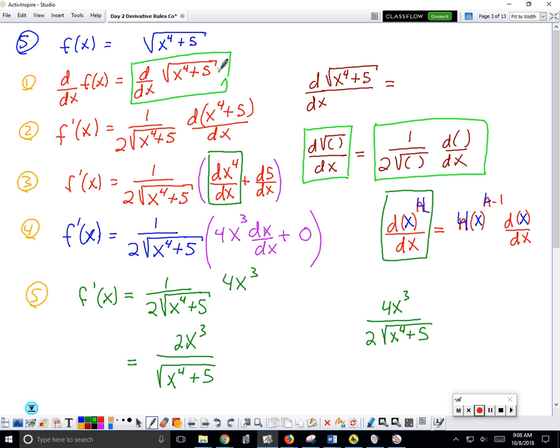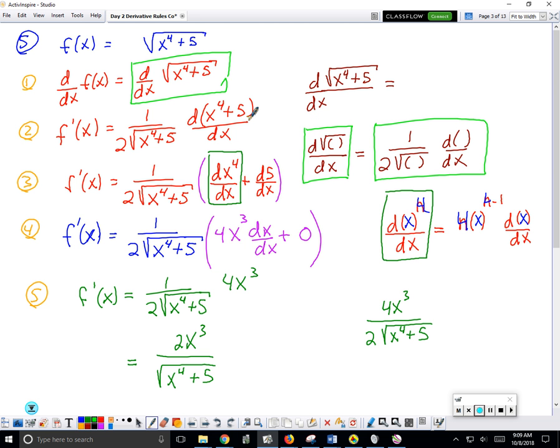So on 2, there's no d dx operator here, so I ignore that. This says d dx of x to the 4th plus 5. So as I scan through the rule sheet, the only rule that matches this situation is the addition rule. Okay. So if you don't, just say no, but do you see why the addition rule matches?